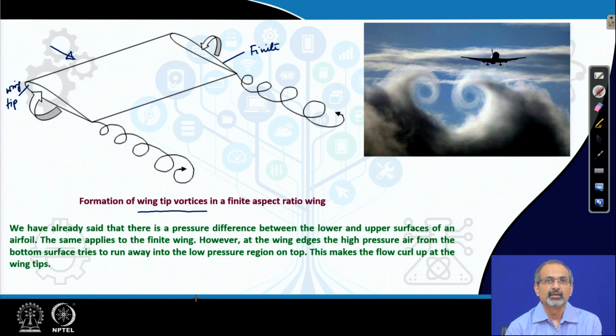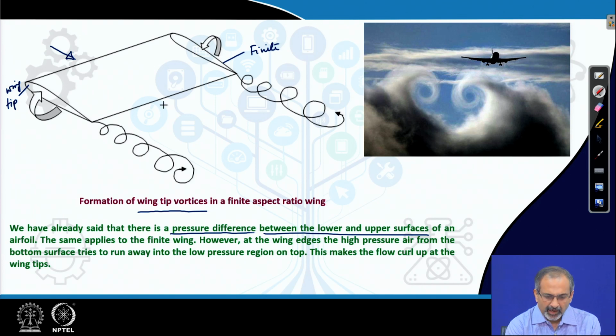Why is it so? There is a pressure difference between the lower and upper surfaces of the wing. We learnt it in the sense of an airfoil, but here we are talking about the wing because we have a finite span. So, there would be pressure difference across the lower and upper surfaces of the wing as well.